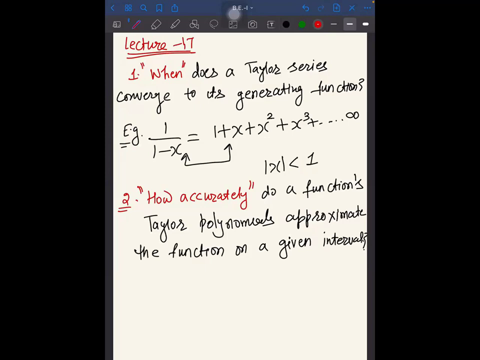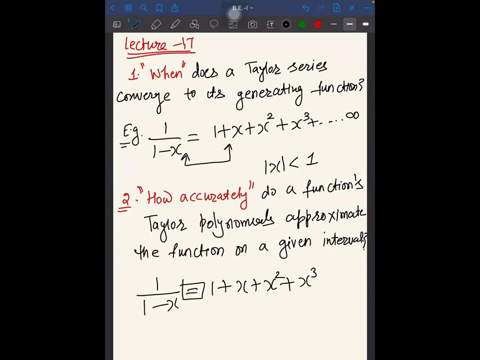What's the error between the two? Exactly. What are the Taylor polynomials? We've done the Taylor polynomial: a finite number of terms from the Taylor series, roughly. If you know that when your x is very small, you can approximate with finitely many terms, this much terms, but this equality will not hold.